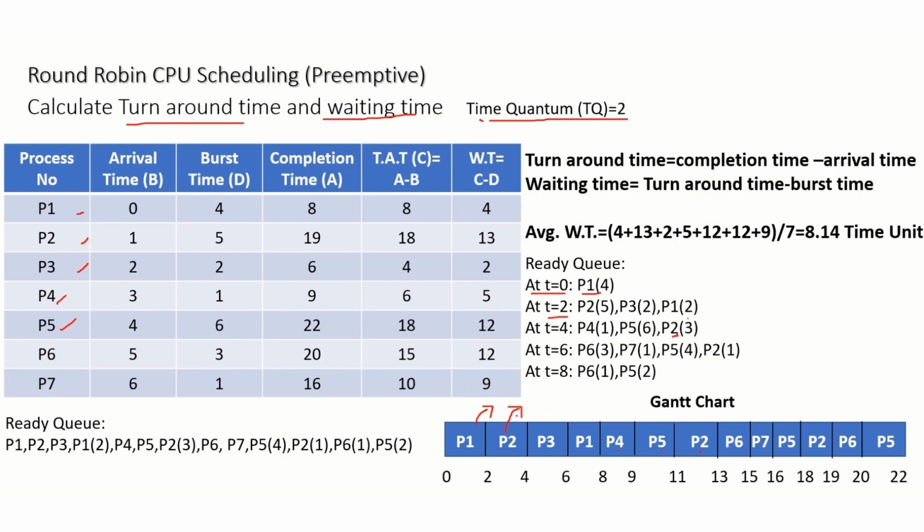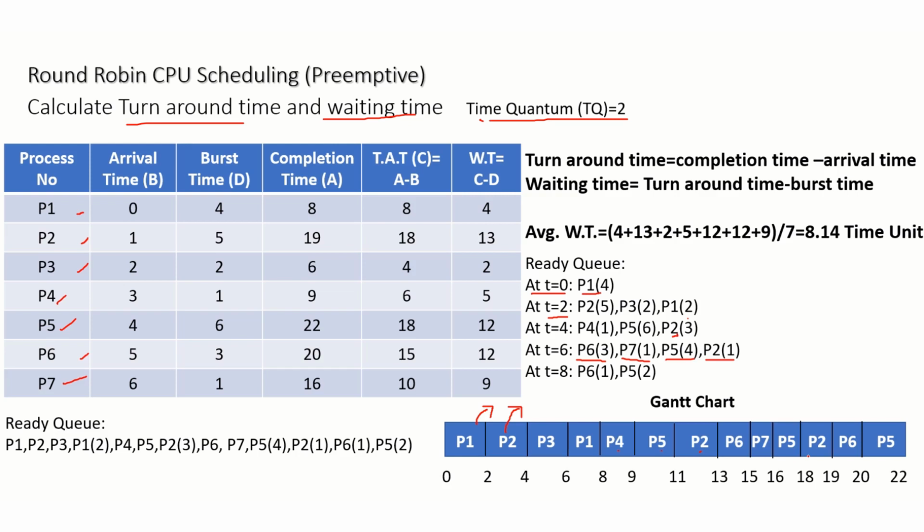Okay, so at t equal to 6, what will happen? At t equal to 6, P6 and P7 will also be there in the ready queue. Along with P6 and P7, the part of P5 and the part of P2 will also be there in the ready queue. So we'll get here P6, then P7, P5 and P2. Okay, so at t equal to 8, what will happen?